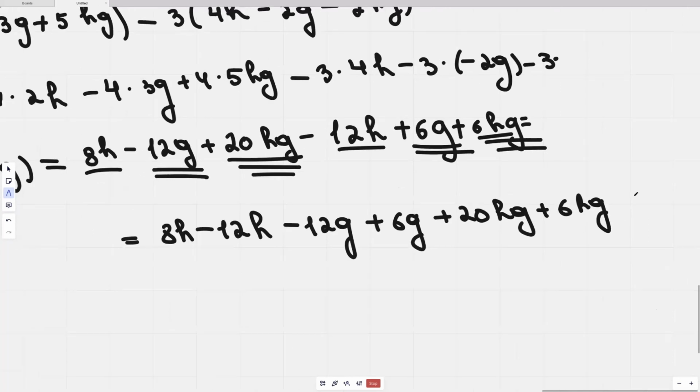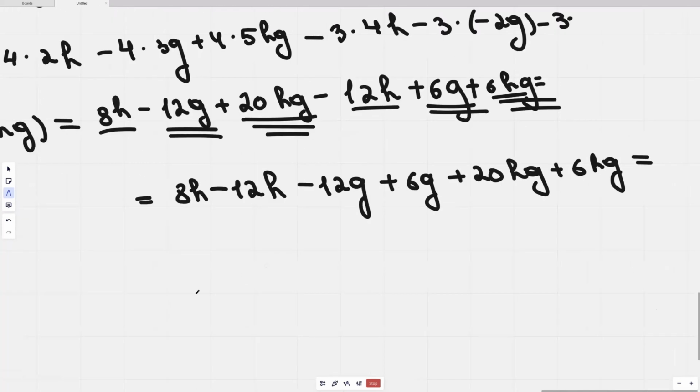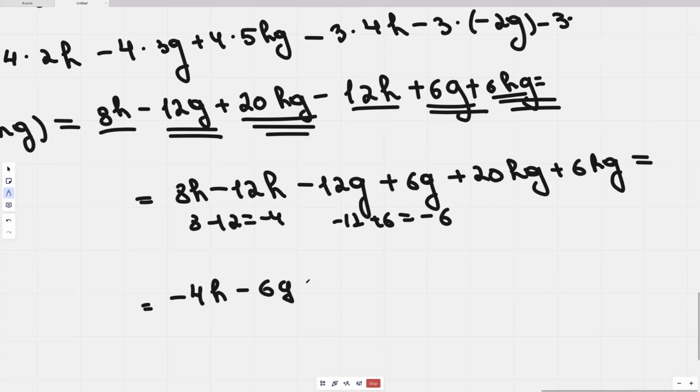Yeah, right. So looking at the coefficients here, 8 minus 12 is equal to minus 4, so minus 4h, the h itself, and minus 12 plus 6 is equal to minus 6, minus 6g itself, and plus 20 plus 6 is equal to 26, plus 26hg.